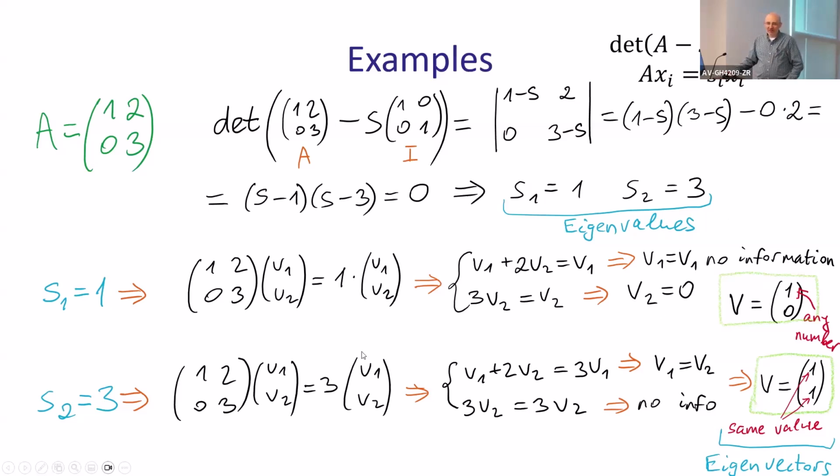So for that first eigenvalue, which is 1, I'm substituting the eigenvector v1, v2 and that eigenvalue here, solving that system of equations, Ax equals sx. In that case, x equals v1, v2. Right? So solving that system of equations, I get some solution which is v2 equals 0 and v1 equals v1. Obviously, the system of equations has an infinite number of solutions because I can choose v1 to be whatever I want.